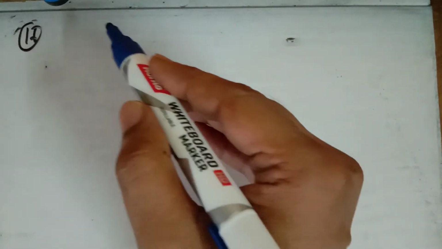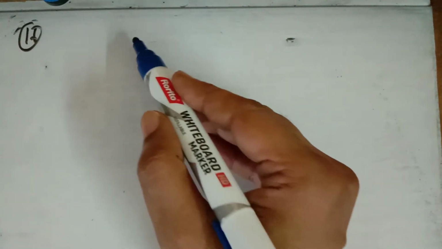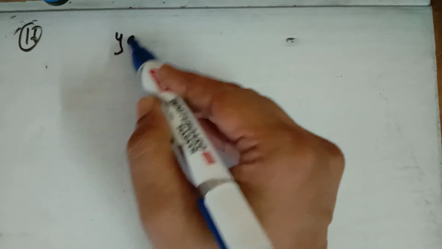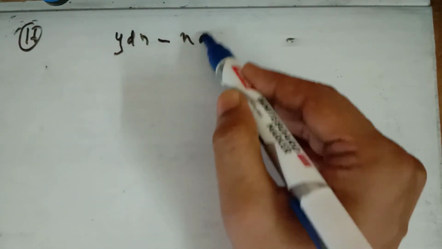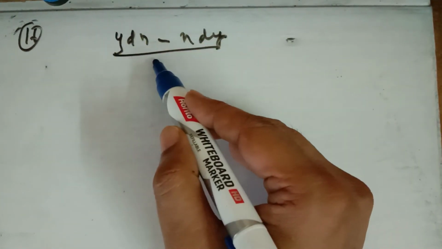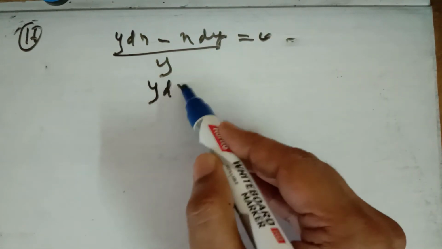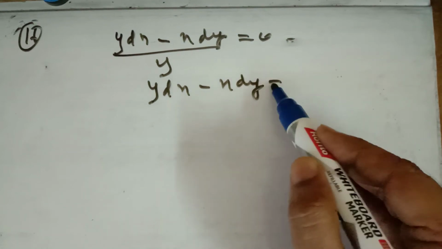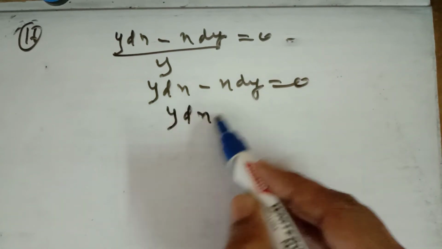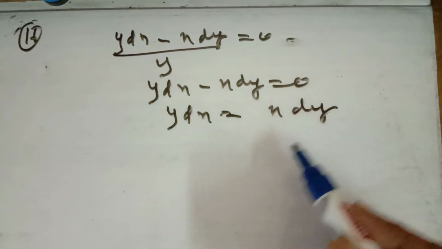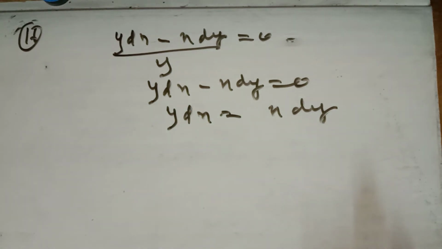Now in question number 16, again you have to solve this equation, (y dx minus x dy) upon y is equal to 0. So y dx minus x dy equals 0, so y dx is equal to x dy.